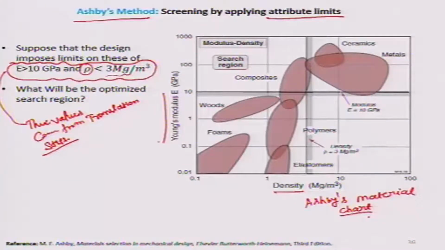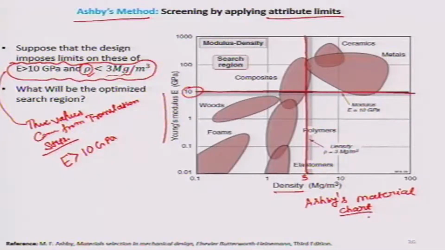Suppose our constraint is E greater than 10 gigapascal. We can draw a horizontal line parallel to the x axis corresponding to 10 gigapascal. Then the other value, density should be lesser than 3 megagram per meter cube, and 3 will be somewhere here. So again we plot a line parallel to the y axis.